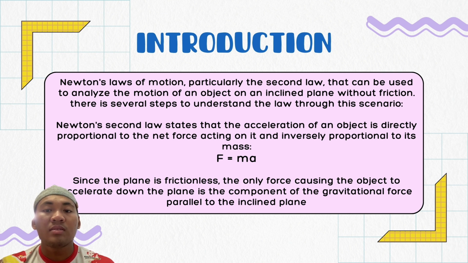Newton's second law states that the acceleration of an object is directly proportional to the net force acting on it and inversely proportional to its mass. F equals m times a. Since the plane is frictionless, the only force causing the object to accelerate down the plane is the component of gravitational force parallel to the inclined plane.